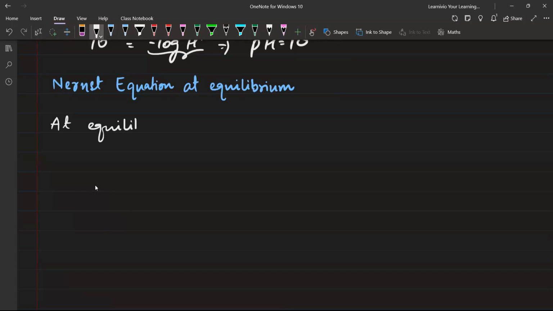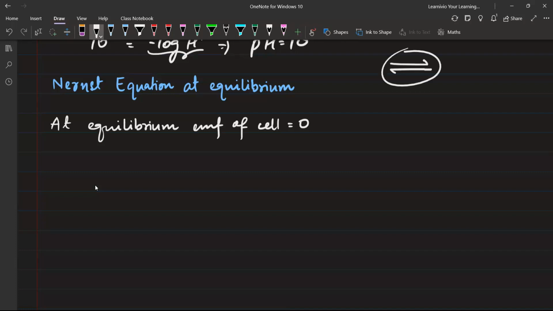At equilibrium, EMF of cell is equal to 0. Why is it 0? Because at equilibrium nothing happens. Reaction occurs, but forward and backward reactions occur at the same rate. From the forward reaction you will get electricity, but for the backward reaction you have to give electricity. So in that case, what is going to happen? There will be net zero flow of electrons.